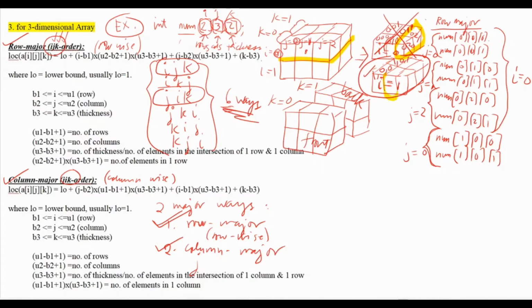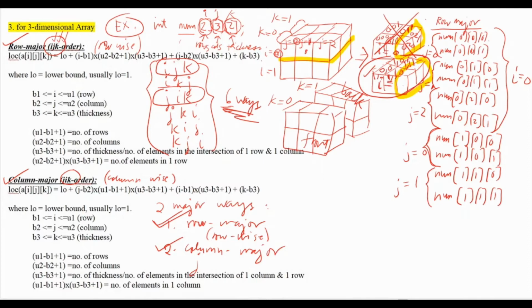Next to consider is the middle column. The first element here has indices 1, 1, 0, and this is 1, 1, 1, right? So in the list, we have num 1, 1, 0, and the back element is num 1, 1, 1. So these are the two elements at the second column of the second row.